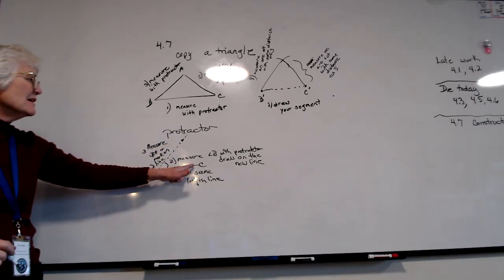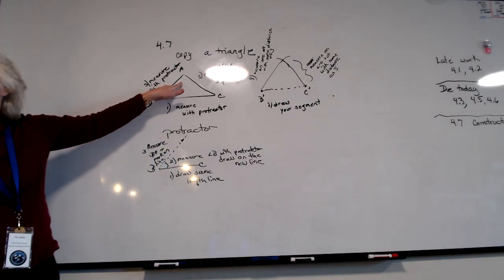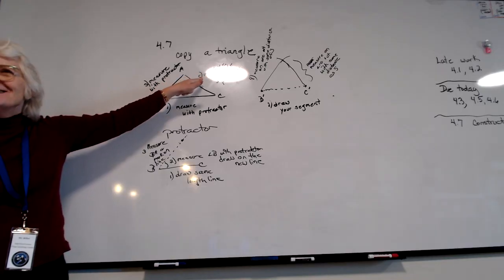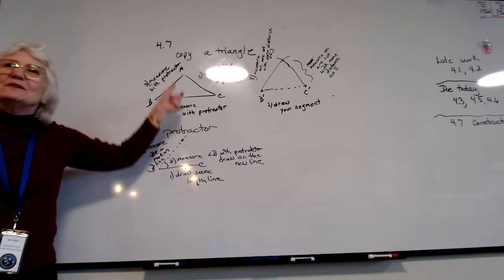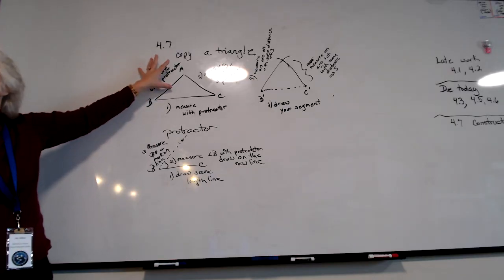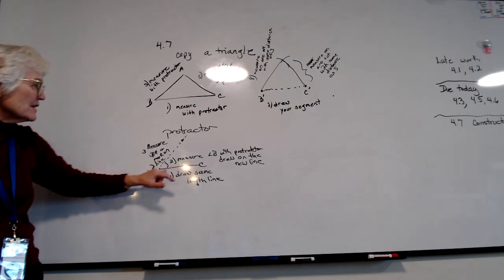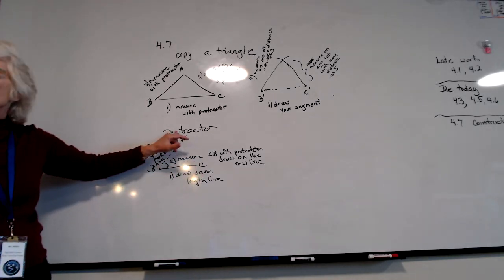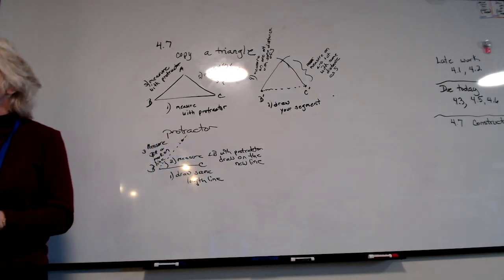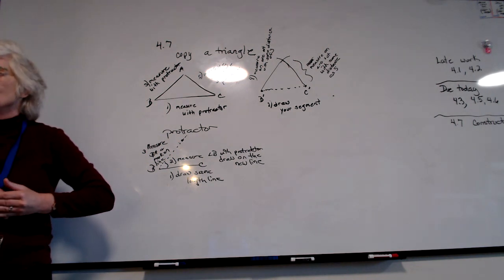So this is doing side, angle, side. When we do it with the compass, we're doing side, side, side, because we're doing length of all 3 sides to make it congruent. Doing it with a protractor, we're doing a side, an angle, and a side, and getting those 2 correct. So that's basically how you construct those.